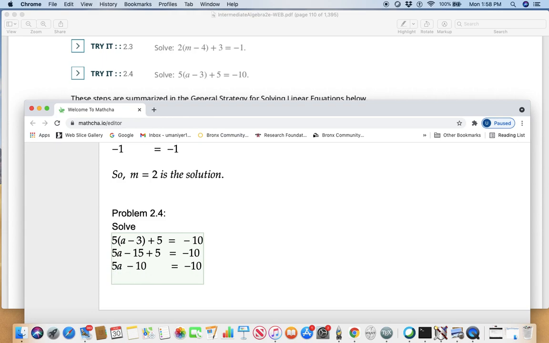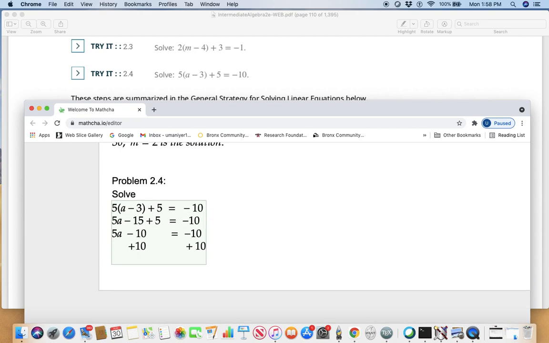All I want to do is get rid of the 10. That's a subtraction by 10, so its opposite is addition by 10. Whatever I do to the left hand side, I must do to the right hand side. Subtraction by 10, addition by 10, that gives me 0. So 5a equals negative 10 plus 10, which is 0.